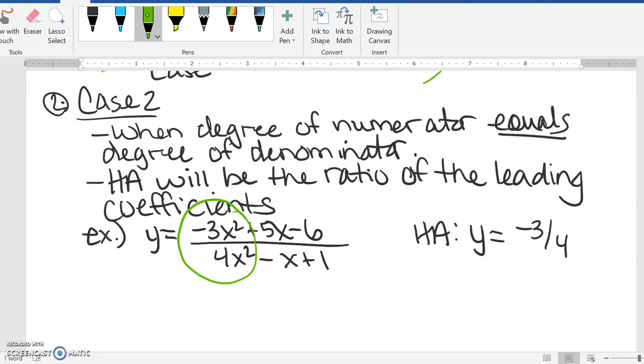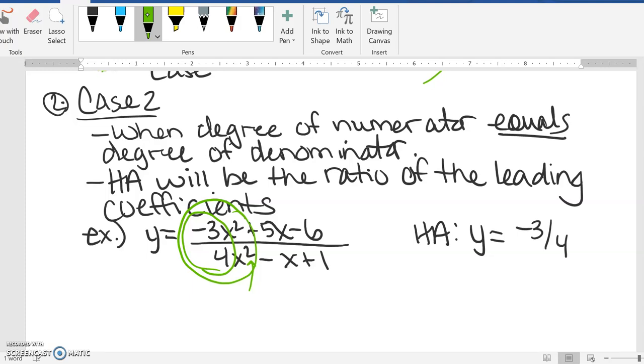The linear term and the constant term don't really have an effect when you're squaring a huge number. They don't affect that value too much. So if you can imagine these two growing at the same rate, then all I'm going to get left is the ratio of their leading coefficients.